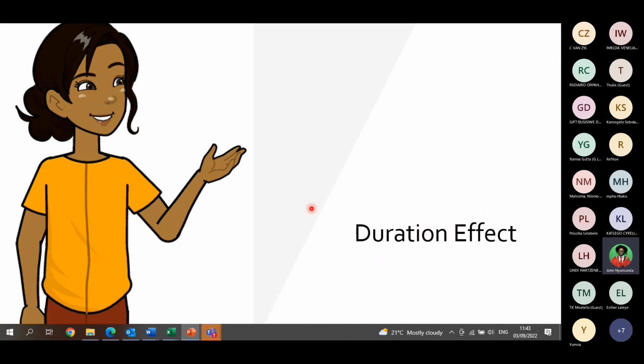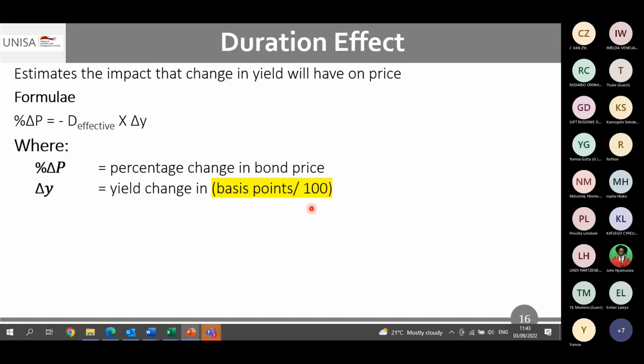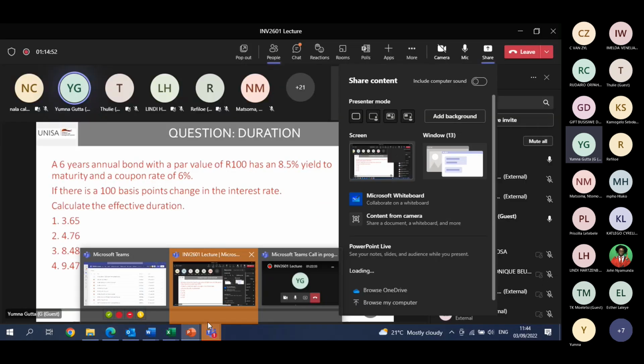Yumna, you are on duration effect. Okay. So now these calculations which we have been doing, convexity and duration, let's see the effect of these on our price. Duration effect estimates the impact that the change in yield will have on the price.